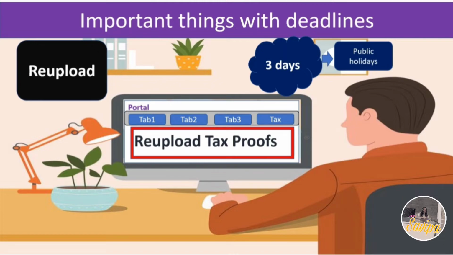So be careful guys, keep checking your mails after your tax proof submission. If it is cleared, you need not worry, but if it is not cleared, then you have to re-upload the documents. Till here everything is common for each and every associate.